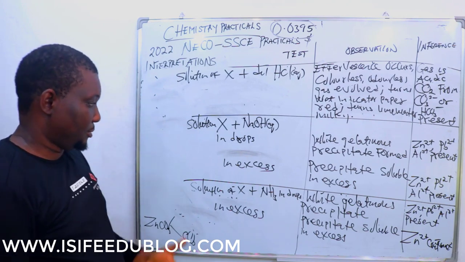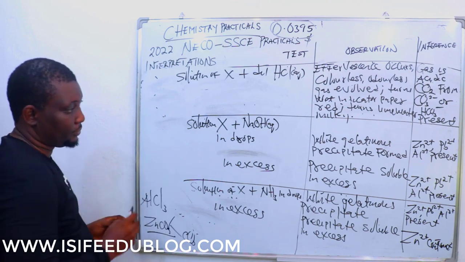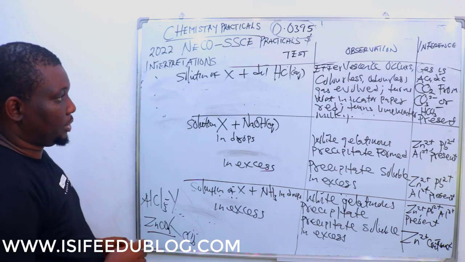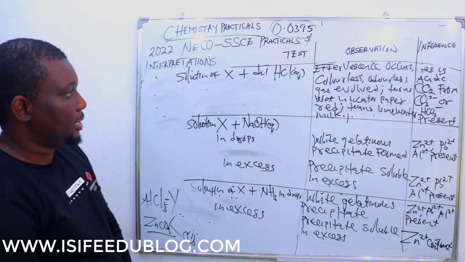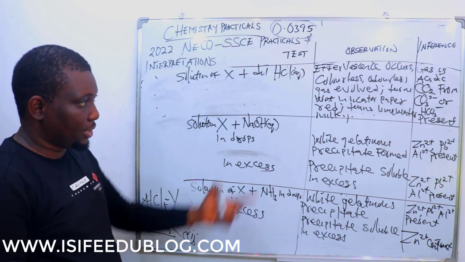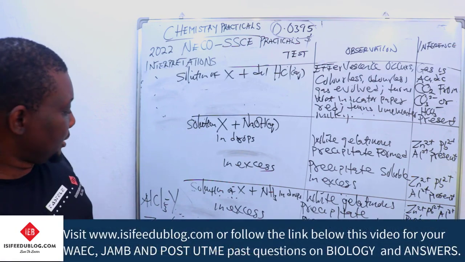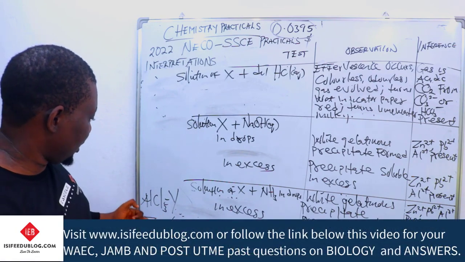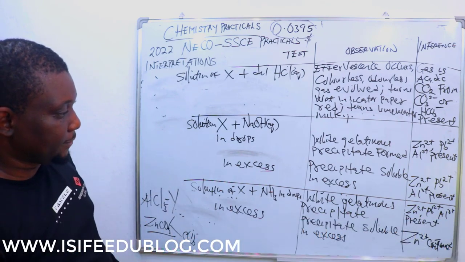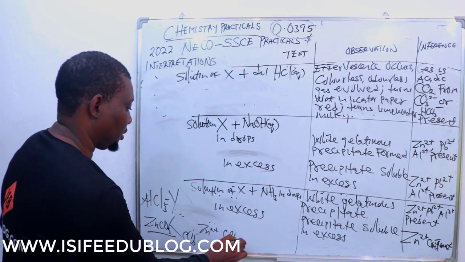Because there are two salts, that is zinc carbonate and aluminum chloride, we went straight to carry out tests on Y, and those are the tests for salt analysis there. So that's what you see in X. So in summary, we could now say that X contains, since you confirmed zinc here, Zn 2 plus and CO3 2 minus.